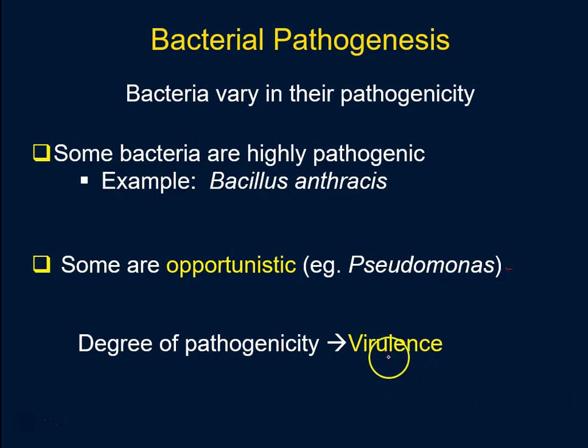It all has to do with some power that the bacteria has in order to cause disease, and that power is defined by virulence. We're going to think about virulence as the fuel that decides what kind of disease-causing ability that bacteria has. And we're going to have several factors that determine virulence, as we'll see.